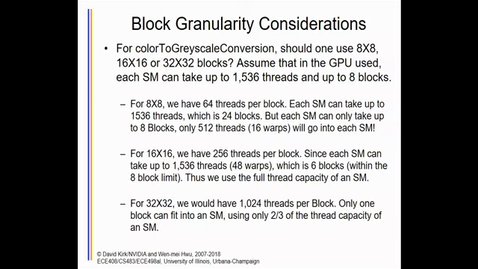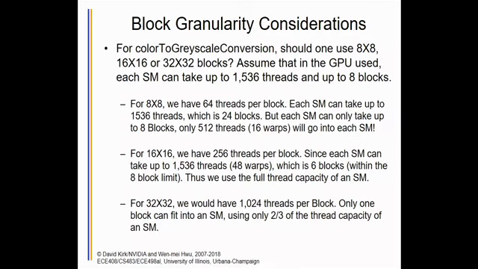However, each SM can only take up to 8 blocks. So that other constraint will kick in at 8. It will say, I can only take 8 blocks, and every block will bring in 64 threads. So in reality, this streaming multiprocessor will only take 8 thread blocks times 64 threads, and that gives you 512 threads.